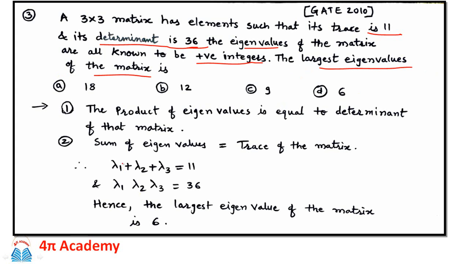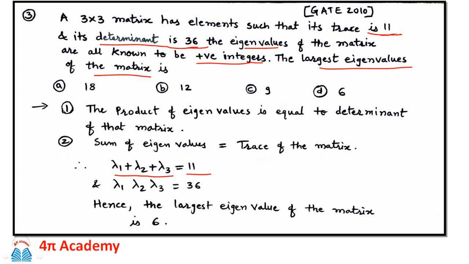So now we are going to make use of the property of the matrix, that the product of eigenvalues is equal to the determinant of that matrix, and the second property is sum of eigenvalues is equal to the trace of the matrix. So if lambda 1, lambda 2 and lambda 3 are the eigenvalues of the matrix, then the sum of these eigenvalues is exactly equal to the trace of the matrix.